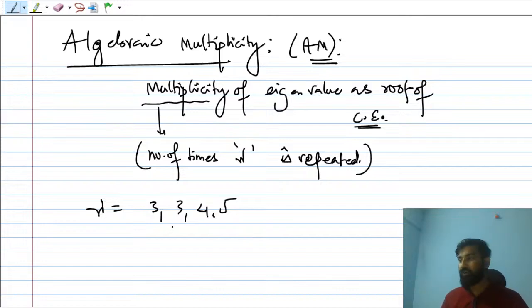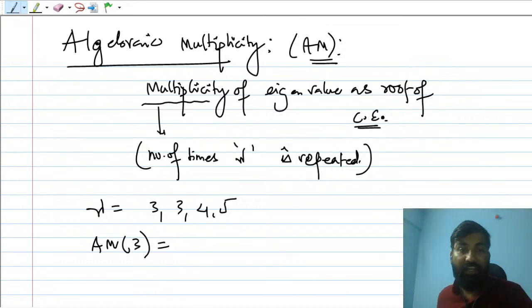Somebody will ask you what is the multiplicity, the AM, of 3? How many times is 3 getting repeated? That is 2. So how can you find the algebraic multiplicity of an eigenvalue?